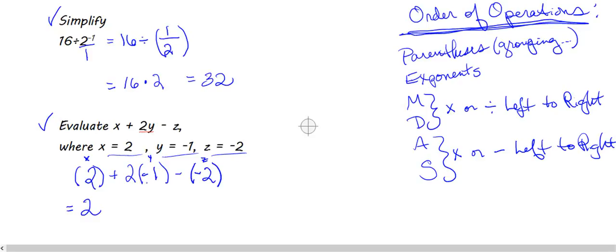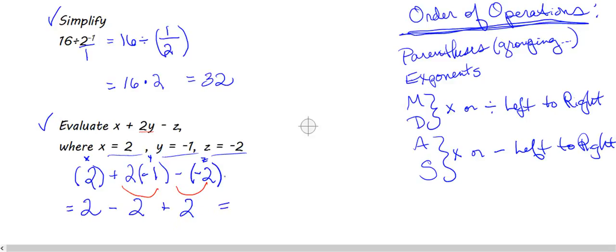We don't need the parentheses anymore. But here I have +2 times -1. So +2 times -1 is what? -2. So -2 is what's next. And then finally, the opposite of -2. What is that? The opposite of -2 is +2.